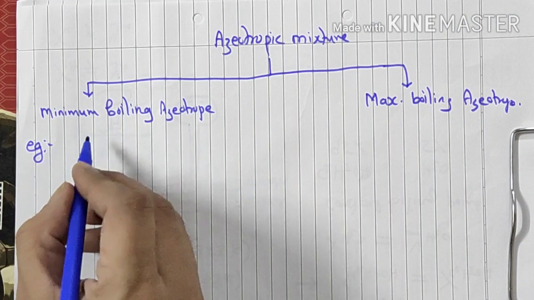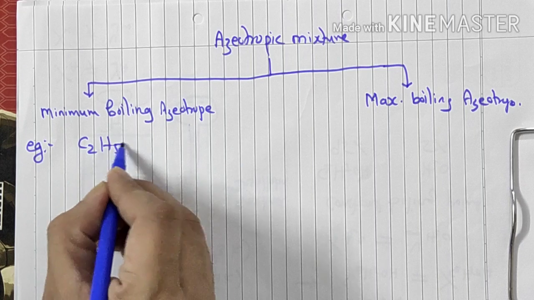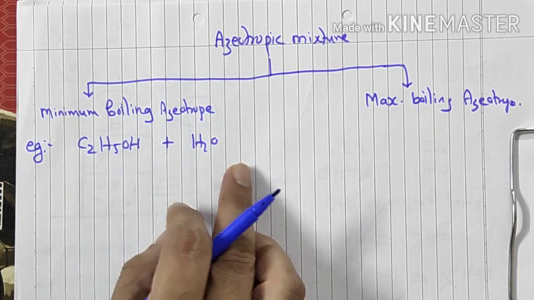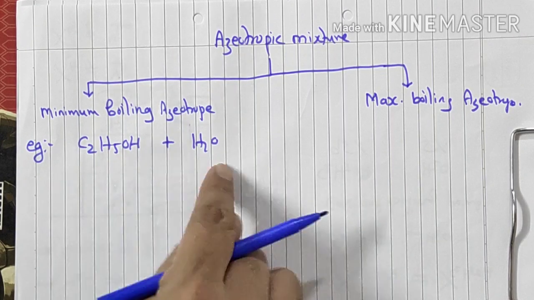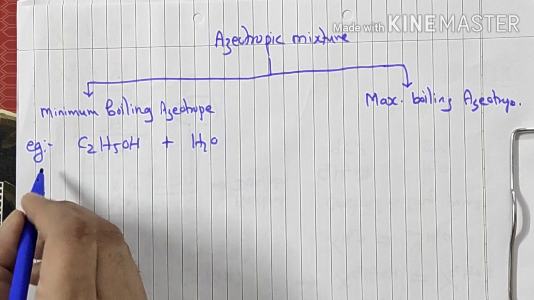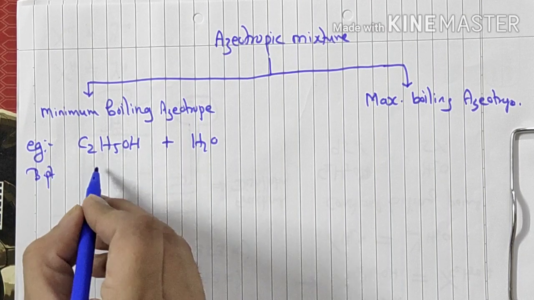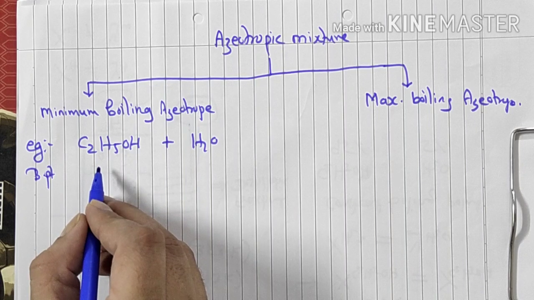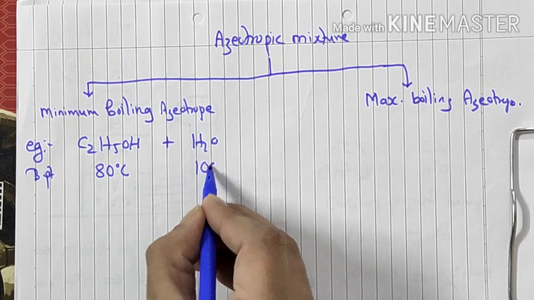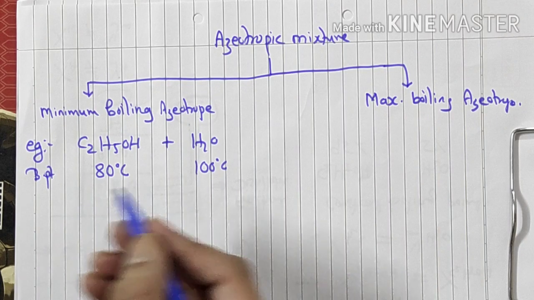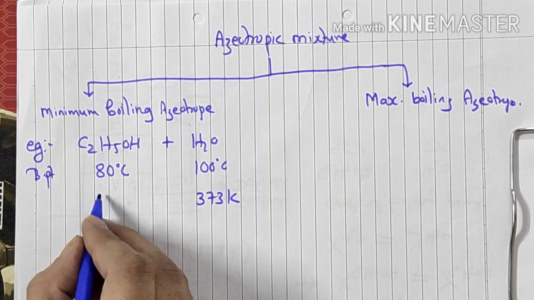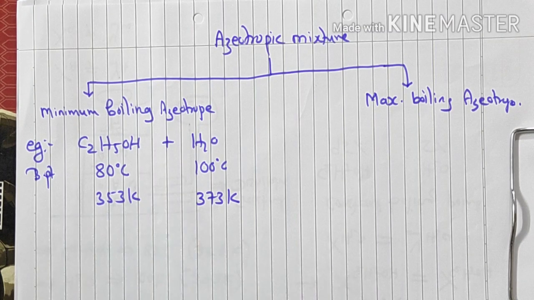First example, I take ethyl alcohol C2H5OH and water. These are binary solution. तो binary solution में दो component, ठीक है? Binary solution मैंने ले लिया. What is the original boiling point? Ethyl alcohol actually 78.5, but for simplicity I'm taking 80 degrees Celsius. Water is 100 degrees Celsius. Right? In Kelvin, if I have to write, this will be 373 Kelvin and this will be 353 Kelvin.